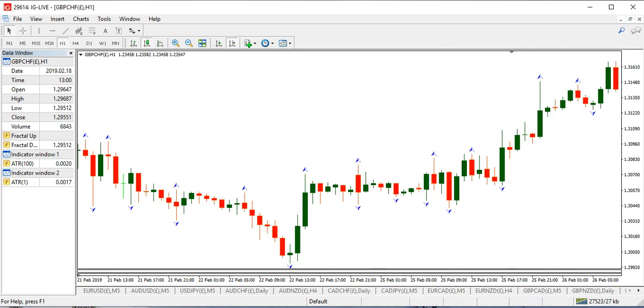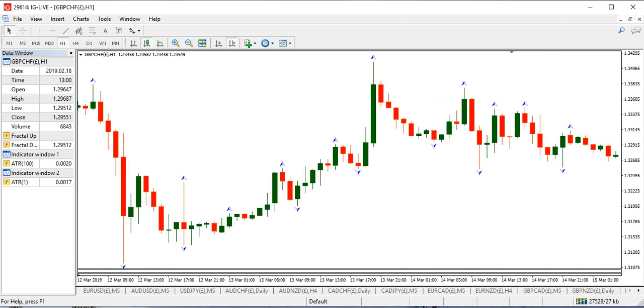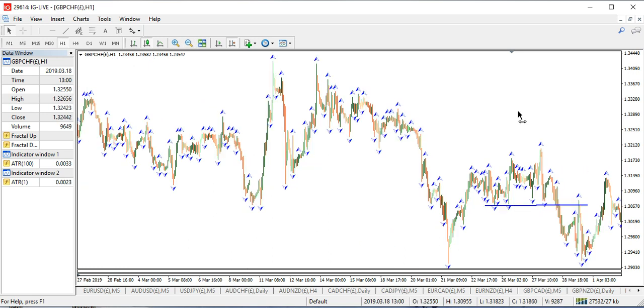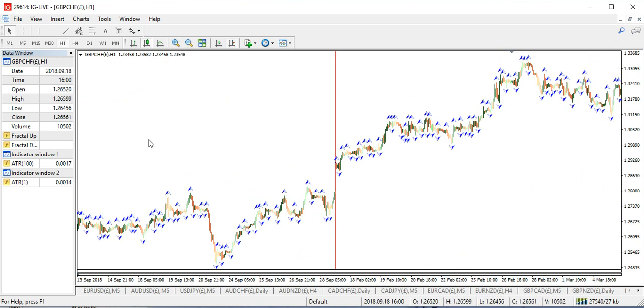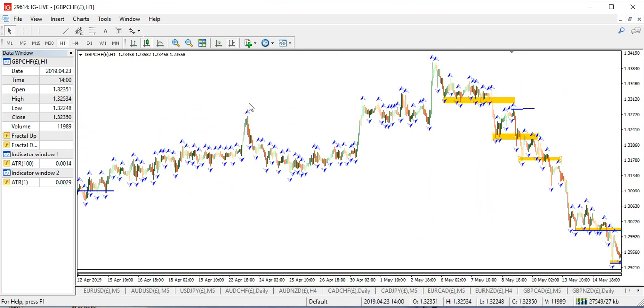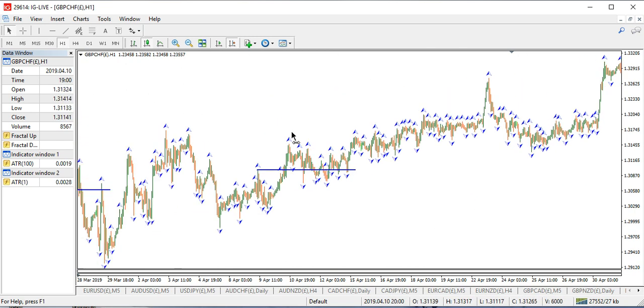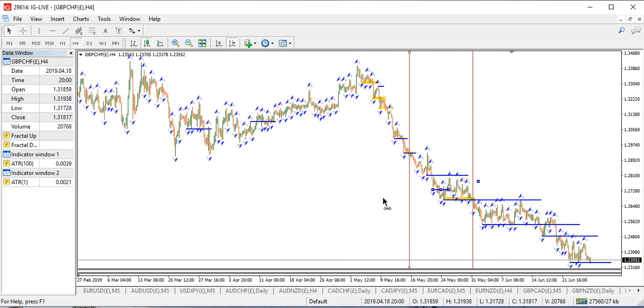Let's hope I can find that. Where did that go? Oh, I've lost it. Right, let's zoom out. I don't know where that was. Go back to the 4 hour.